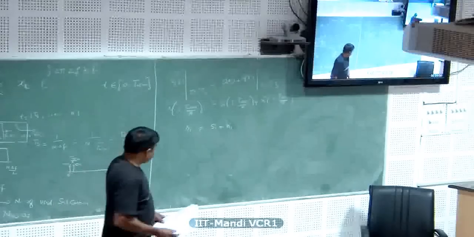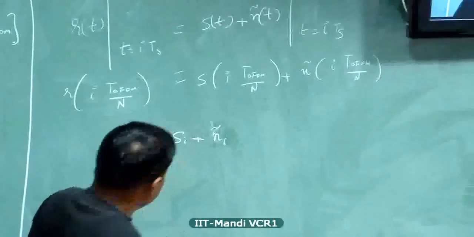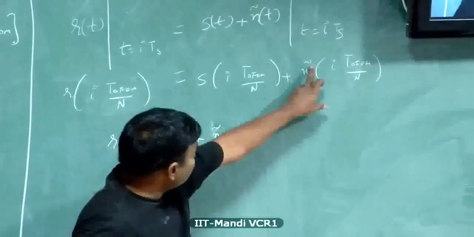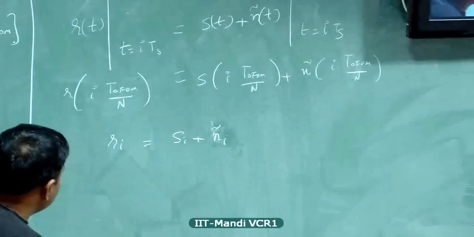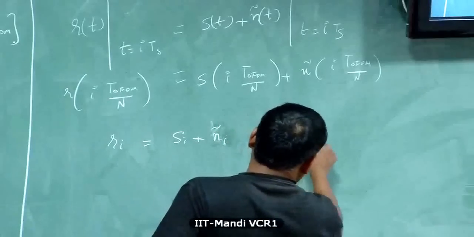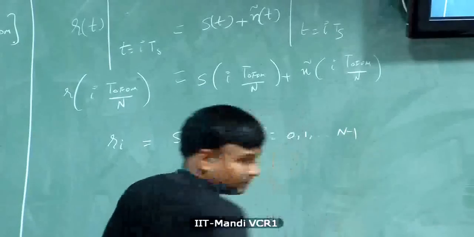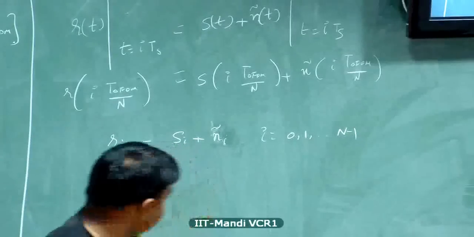Put a tilde here just to make sure it is consistent. So i ranges from 0, 1 up till N minus 1, of course, because that many samples we have.